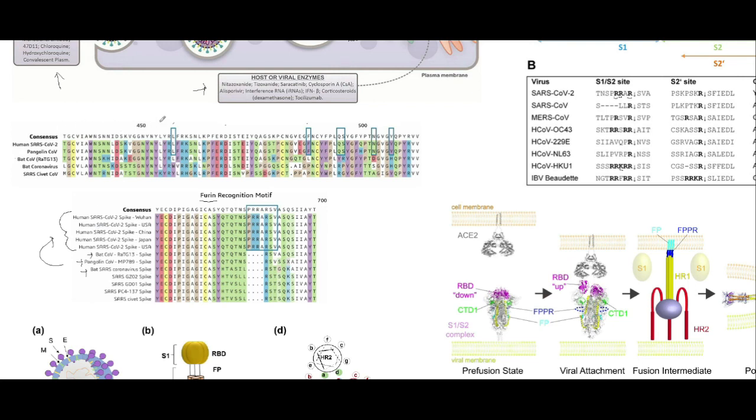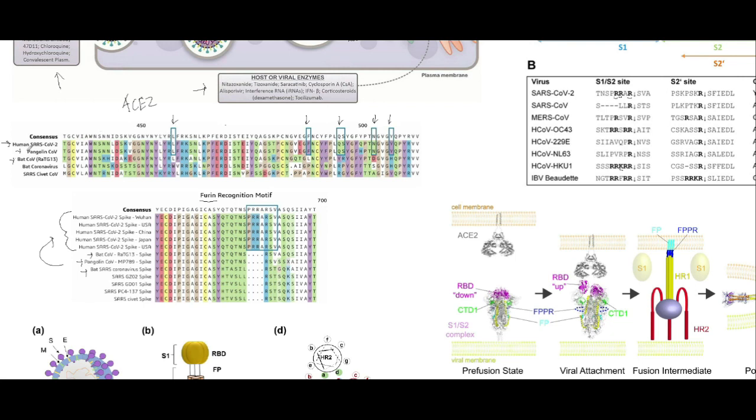Up here we also have, between the human, the pangolin, and the bat, these conserved amino acid residues in the spike protein. These are the amino acid residues that actually bind to the human ACE2 receptor.